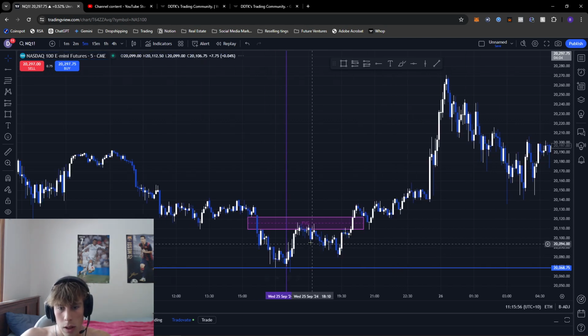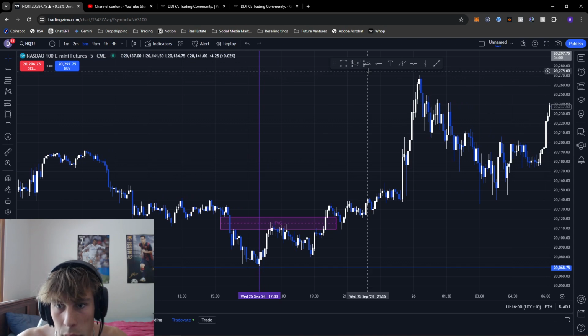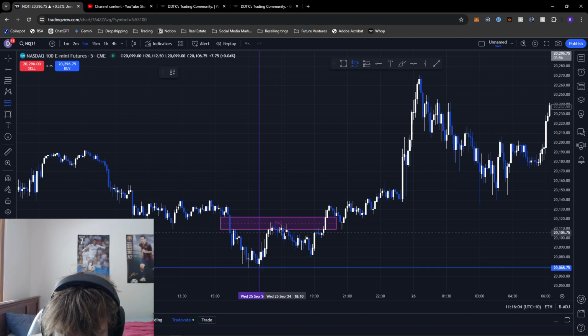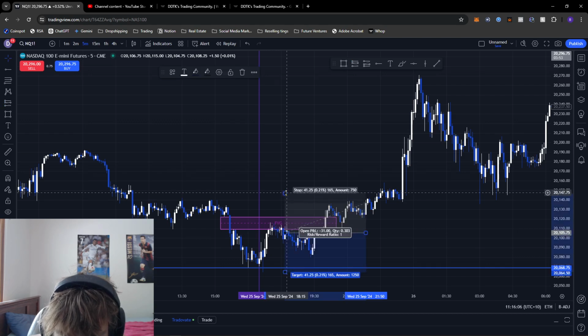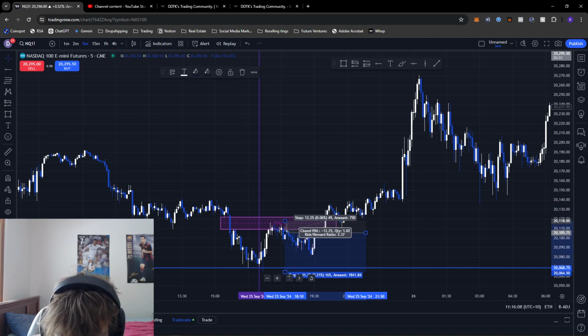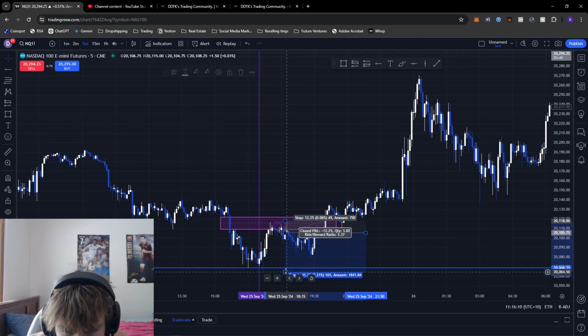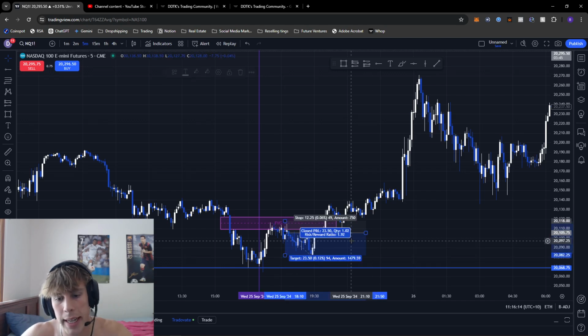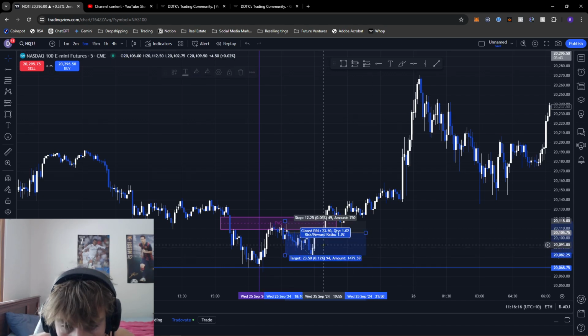It taps equilibrium and closes down here, and on the first 5-minute close bearish, I actually got in here after it retraced a bit, with my stop loss somewhere here. I was aiming at this lower liquidity. It did hit for 1 to 2.